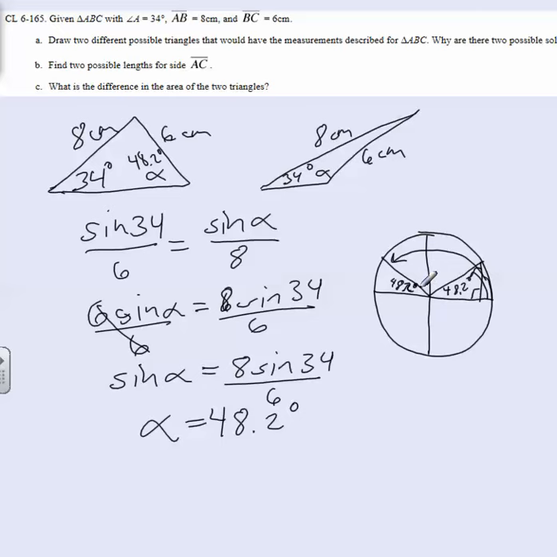So to find the second angle, I need to do 180 minus 48.2 degrees to find my second possibility. The obtuse version of the angle would be 131.8 degrees.